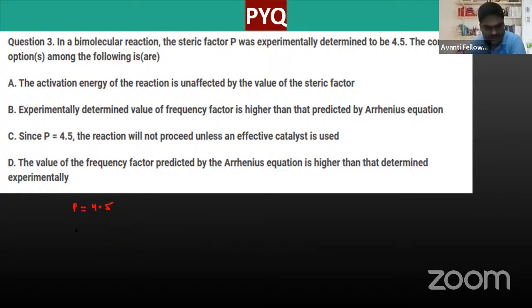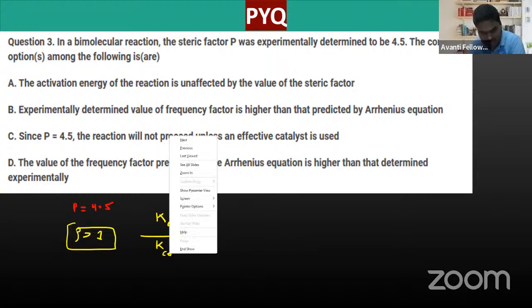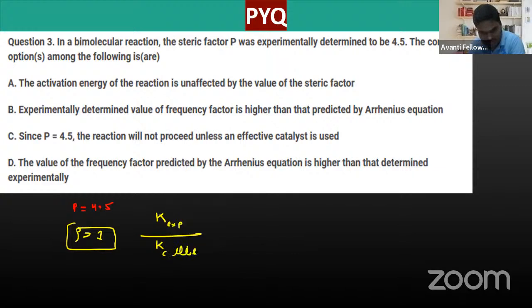We know that whenever P is greater than 1, then K experimental upon K collision is equal to nothing but P. Okay.